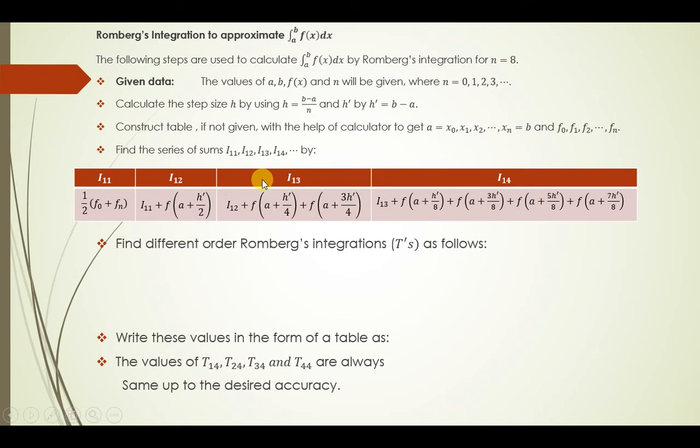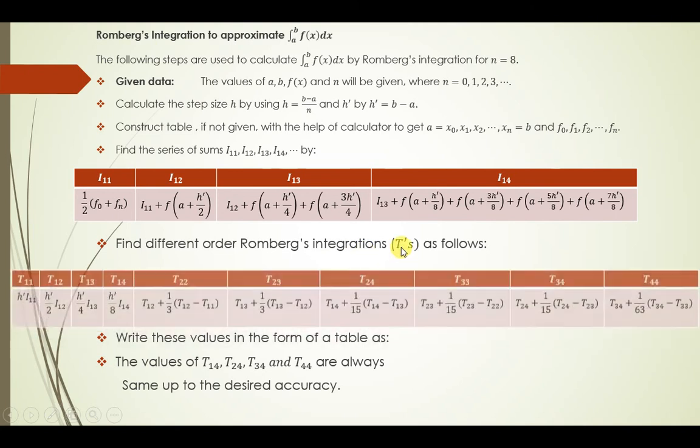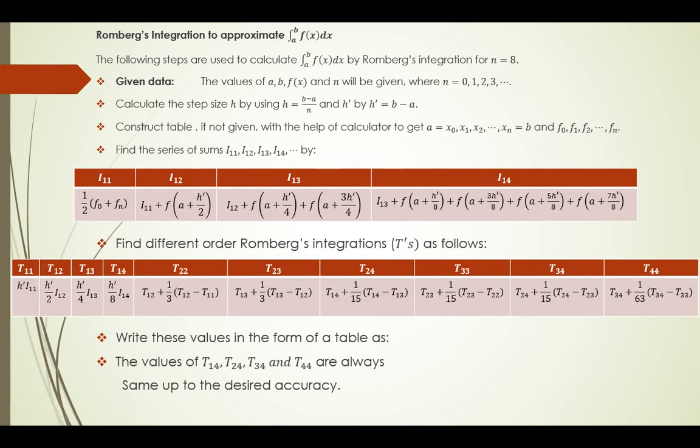Whenever you calculate these values of i's, the other step is we need to calculate Romberg's integrations, the values of t's. What are these values? These are the values. We see here that t11, just like I11, then t12, then t13, and then t14.